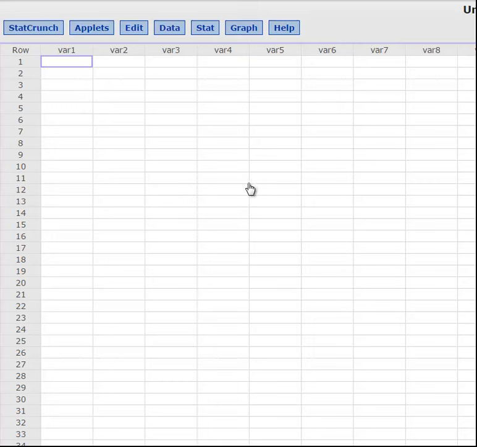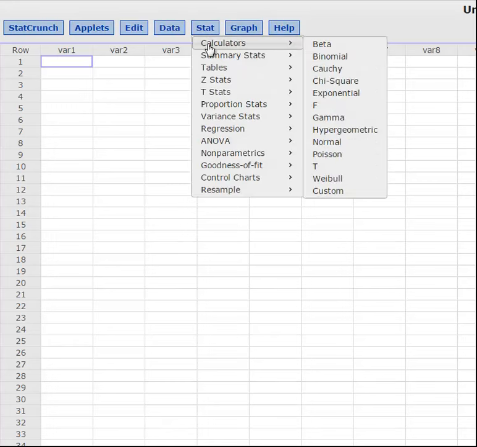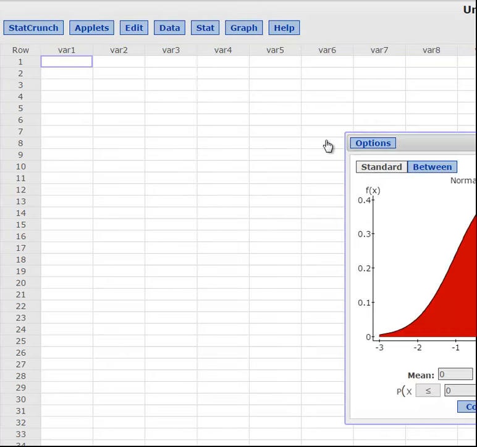To get the corresponding probabilities, I click on Stat, scroll to Calculators, and scroll down to Normal. My first part was to find the probability that a randomly selected woman has a height that is less than 56.5 inches.